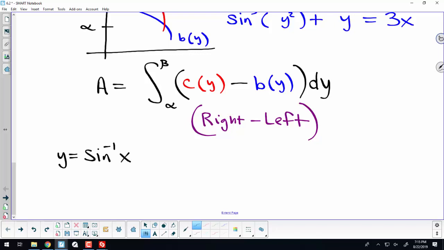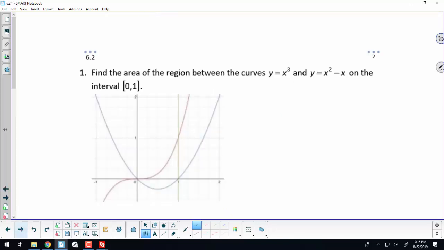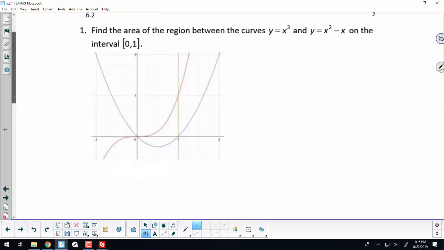We don't know how to integrate the inverse sine of x. However, if it were x equals the sine of y, now I can integrate the sine of y with respect to y, and I know what that is, right? So that's another reason, maybe not as obvious. But anyhow, that's why we have two different methods.